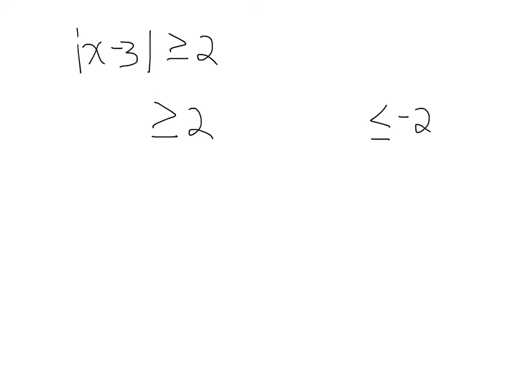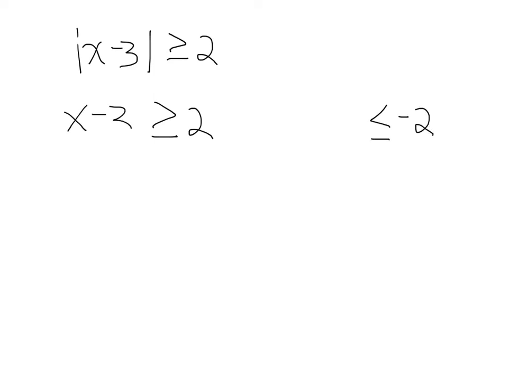The absolute value of x minus 3 is greater than or equal to 2. Okay? If I know that the absolute value of some number is greater than or equal to 2, then I know that that number, and this is x minus 3, has to either be greater than or equal to 2 or less than or equal to -2.